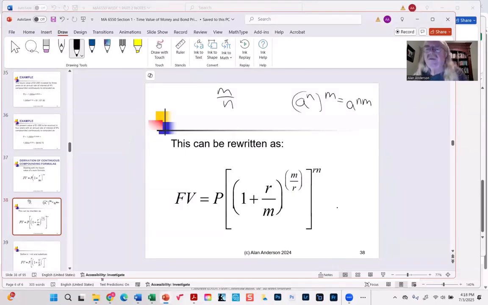All right, so we know the power rule for exponents. And so m over r times Rn is equal to Mn, which is the original.